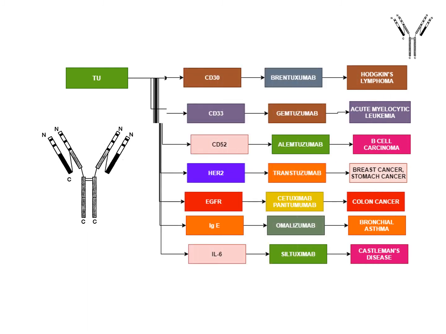They also target CD30, 33, 52, human epidermal growth factor 2, epidermal growth factor, and IgE. Omalizumab is a famous monoclonal antibody given for treatment of bronchial asthma, and for IL-6 it is siltuximab, given for Castleman's disease, which is related to inflammation of the lymph nodes present in the thorax and the chest.